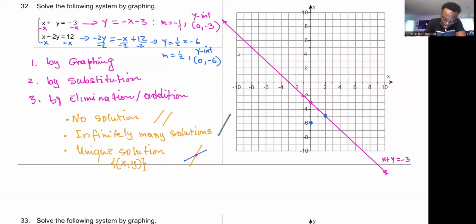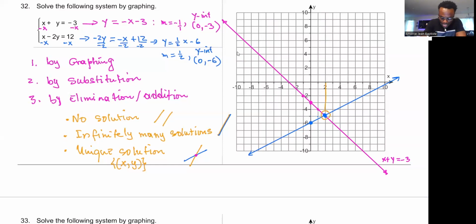So you see, I already see where they intersect, which is perfect for me. Then I draw the line and extend it. So I already see the intersection, which is automatically going to be my solution.